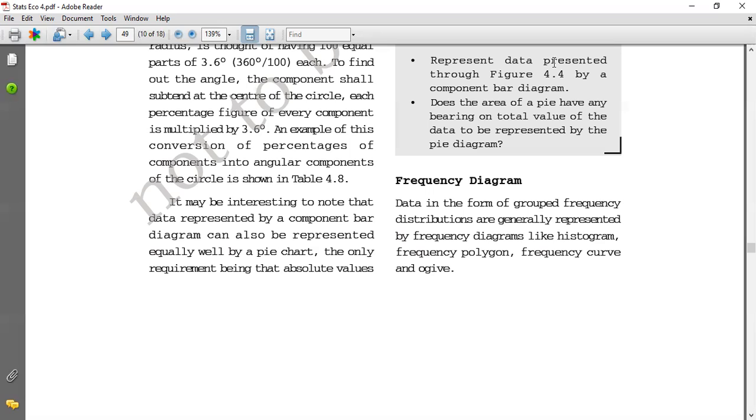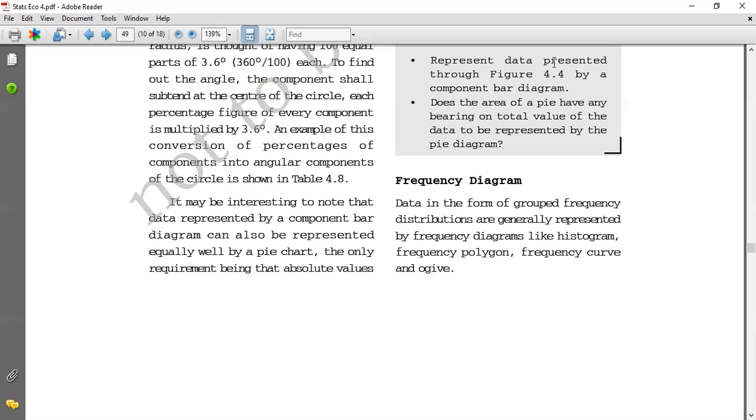Now we are discussing two types of graphs. Previously, two types of graphs were used. One is the frequency distribution graph and the other is the time series graph. First of all, we will see the frequency distribution graph. In the case of a frequency distribution, data is expressed in terms of class intervals.